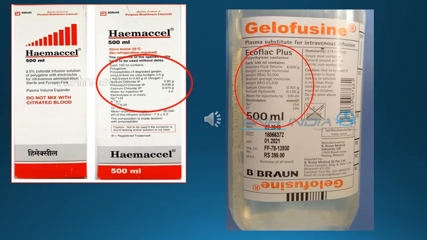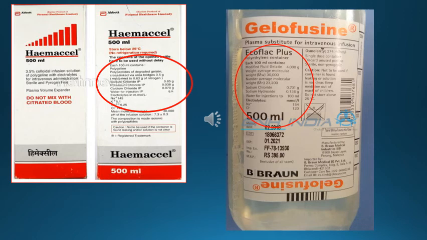So I found two marketed preparations of gelatin. One is named Hemacell. So if you see, it contains polygelatin, that is polypeptides of degraded gelatin, which is cross-linked via urea, and the other components are NaCl, KCl, calcium chloride, and water for injection.